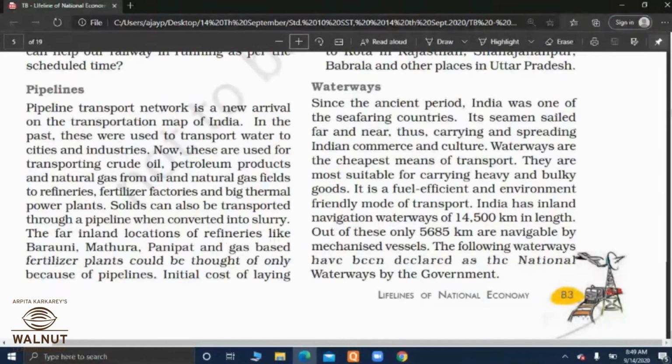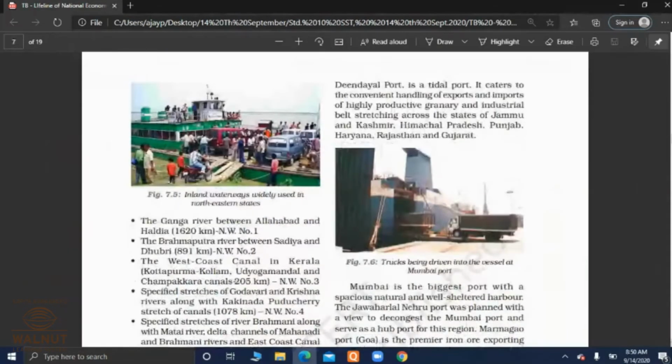So you can see only nearly one third of the waterways we are using. The following waterways have been declared as the national waterways by the government. If I ask for a short note on waterways, you have to include up to mechanized vessels. Even the national waterways you need to remember, the important ones.